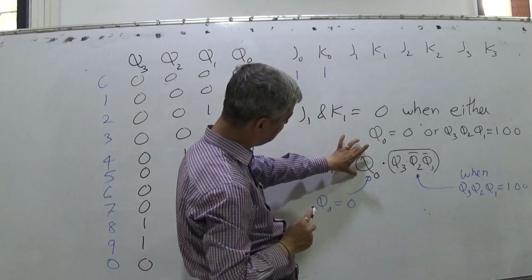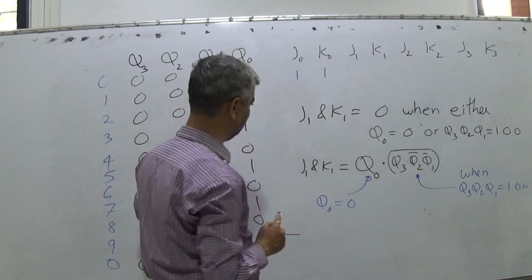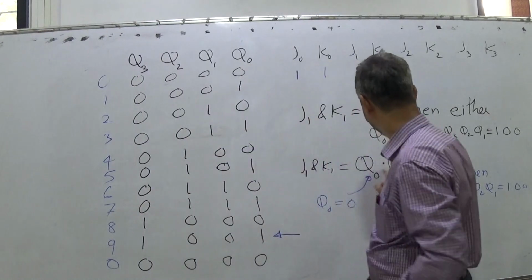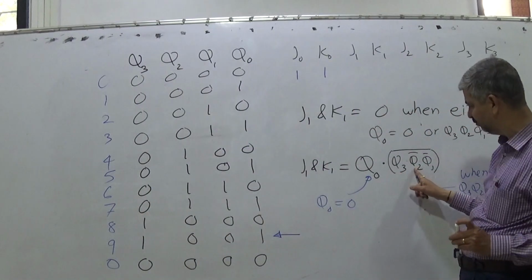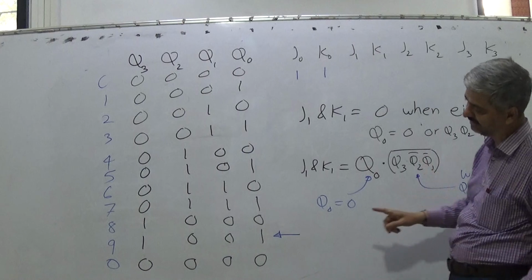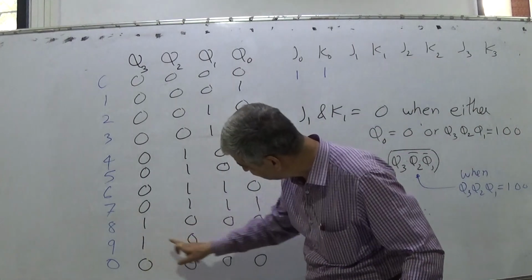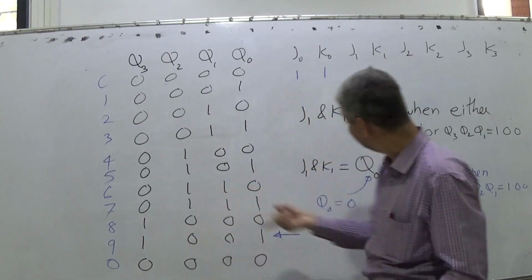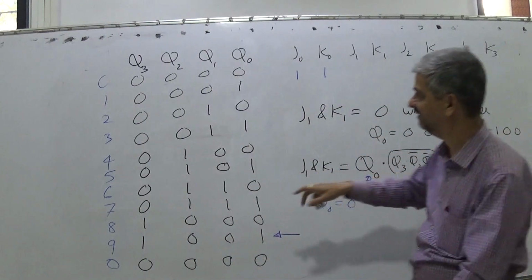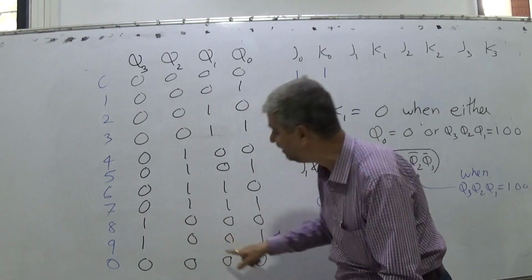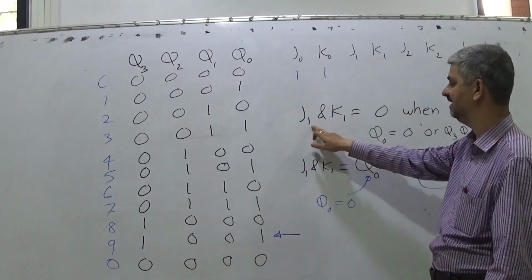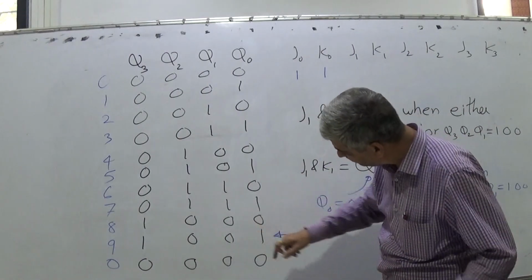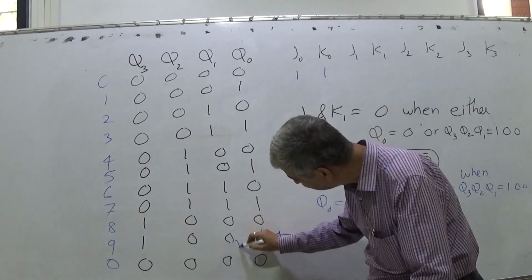So if this is 0, it will maintain the state, and even if it is not 0 but this is 0, that is Q3 dot Q2 bar dot Q1 bar, in that case this is 1, its bar is 0. So when Q3, Q2, Q1 are 1 0 0, J1 and K1 will become 0, so that especially this one is maintained.